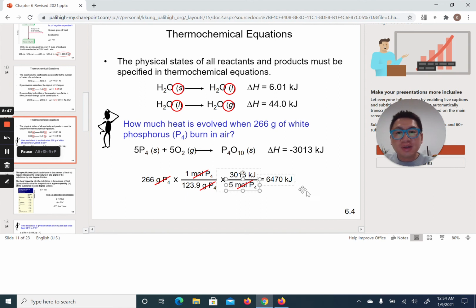5 moles of P4 is 3013 kilojoules of heat. So it would be 6470 divided by 5. So this one had a coefficient of 1, but what I was just saying is if there was a different coefficient, it would change the answer. So I would actually have to take that into account.